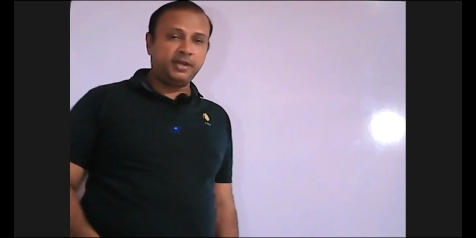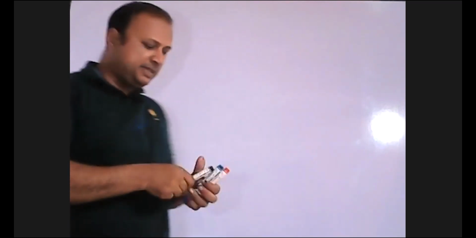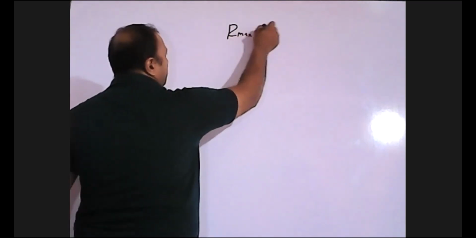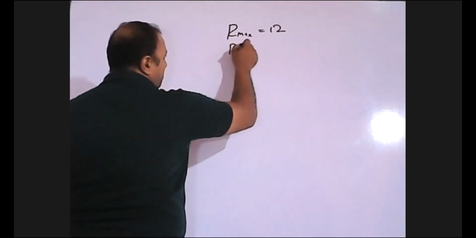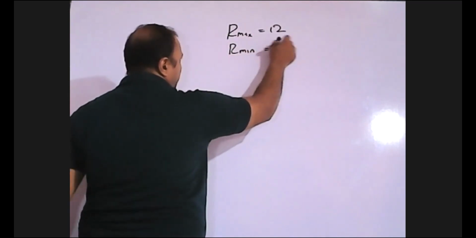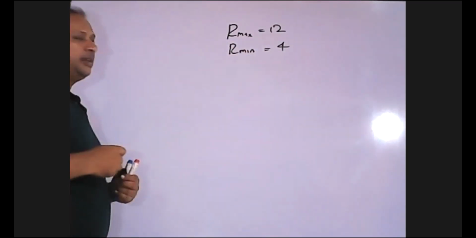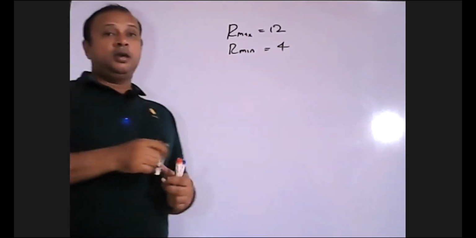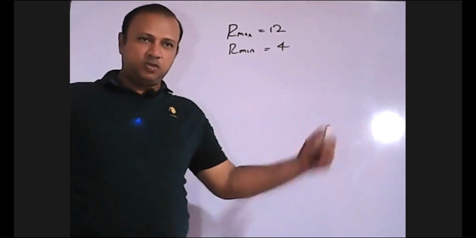So what is the logic? Here, look at what the logic is and how we find it. The maximum resultant, R max, is equal to 12. So how to build a relationship to find P and Q? P and Q mean the two forces.